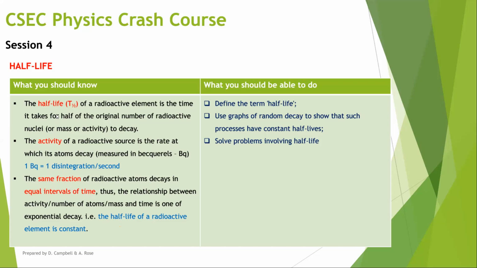So every half-life, you're going to get a certain number of nuclei decaying, a certain mass decaying, the same amount each time, or the same fraction will decay each time.